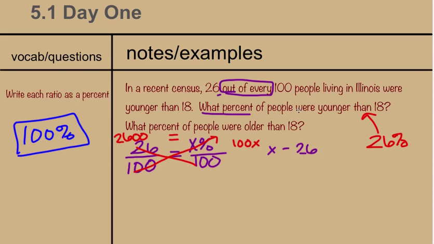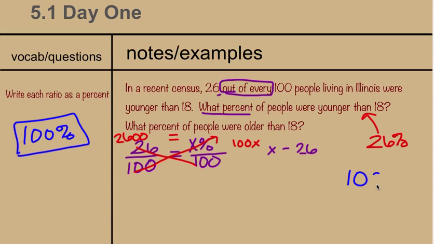For question 2, it wants to know how many people, or what percent of people were older than 18. Well, if my best percent is 100 and 26% of them are younger than 18, that means the leftover percent is older than 18.